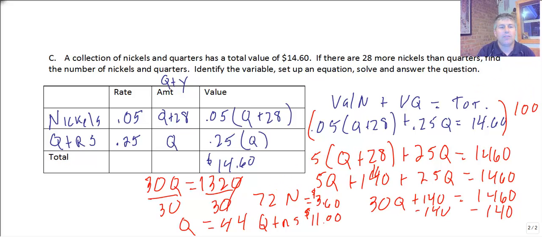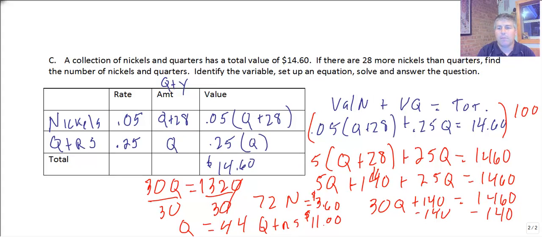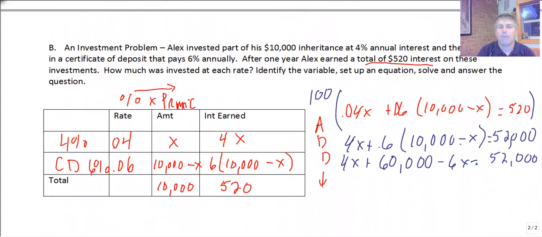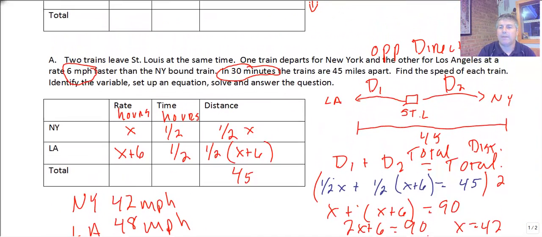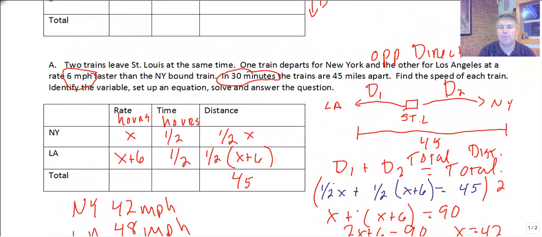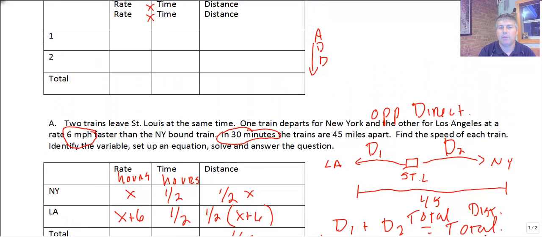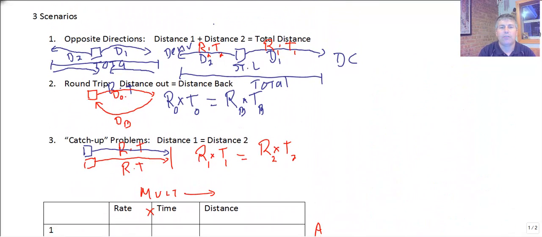So there are some good examples of some money problems, some investment problems, and a rate times time equals distance problem. But make sure with rate times time equals distance, you understand the difference between opposite directions. Rate times time plus rate times time equals total distance.